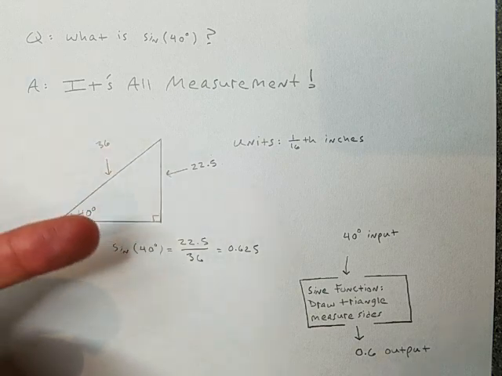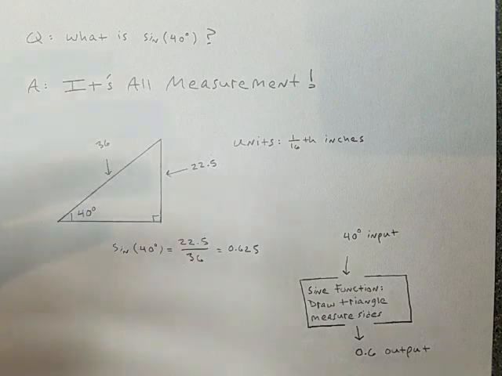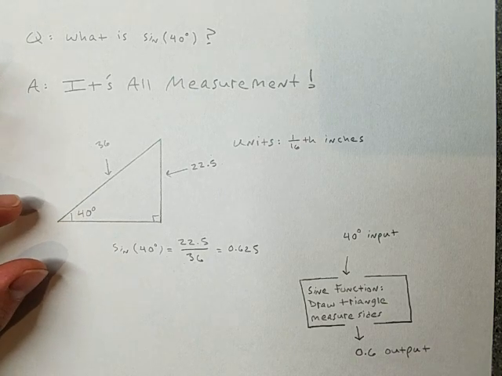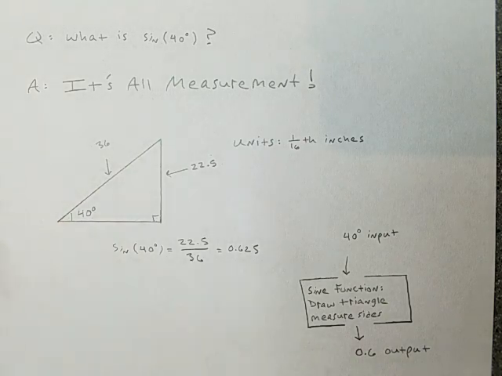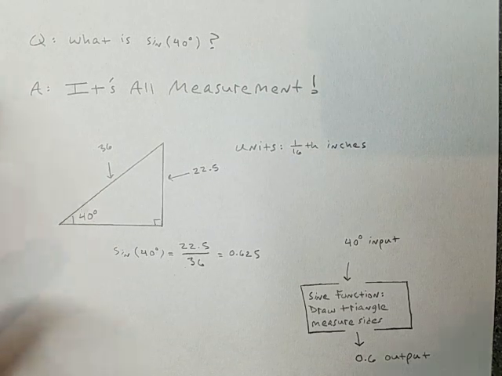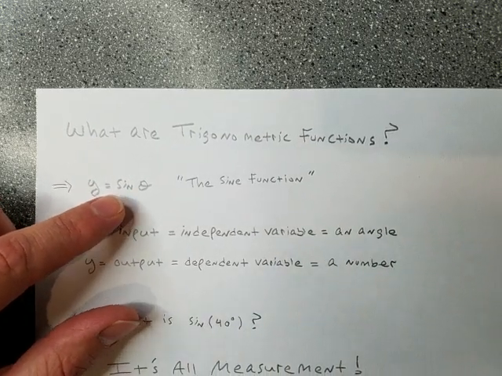You just divide different sides: adjacent over hypotenuse, hypotenuse over adjacent, whatever it is. They're all conceived of in a similar way as this one. I hope that gives you a little bit different take than you're used to, and hopefully you have a better concept about what these functions are when you see them in the next video and in your lesson.